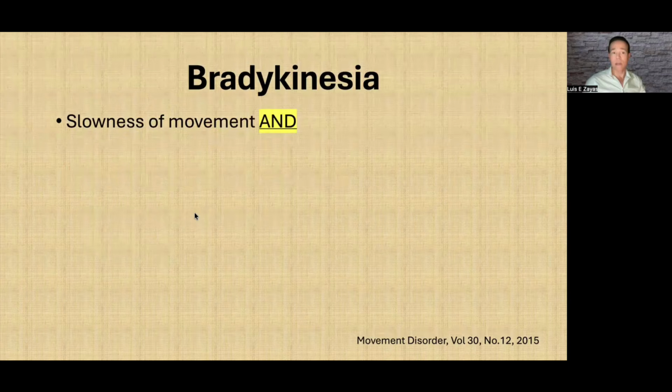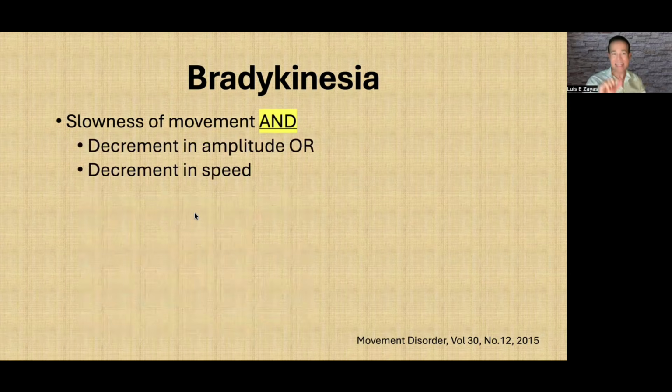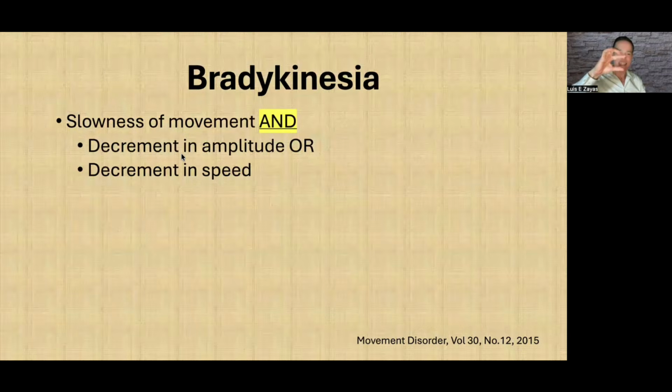Bradykinesia means slow movement and decrement in the amplitude or speed of the movement. Either or. Usually both, but you can have any of those characteristics. You have a decrement.